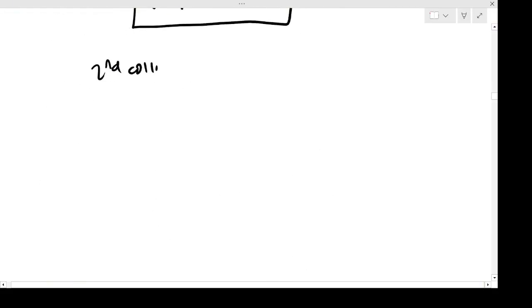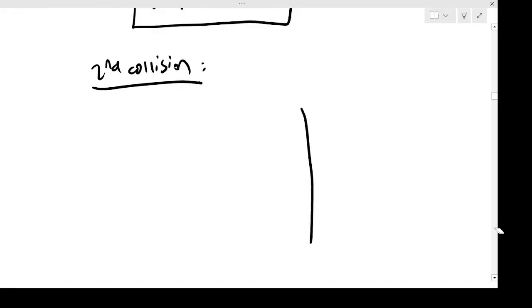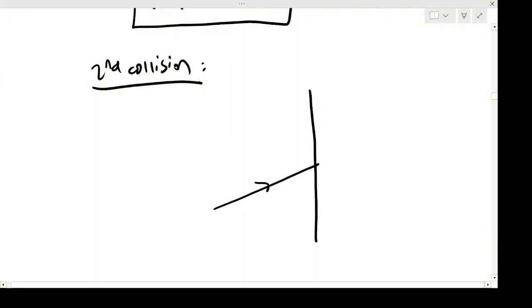If I draw out the second collision, it's the vertical wall now, and it's going to collide with speed v and rebound with speed w. This is the angle theta, and as we discussed, this is 90 take away beta.